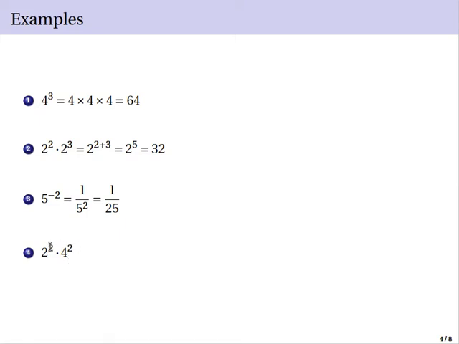So they have the same exponent. So the expression 2 to the 2 times 4 to the 2 can be written as (2 times 4) raised to the power 2. Okay, so the same exponent becomes the exponent on the outside, and then we just multiply the bases. So (2 times 4) raised to the power 2 is equal to 8 raised to the power 2. And this is equal to 64.